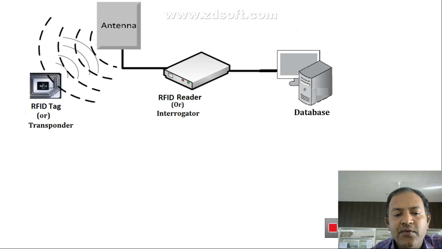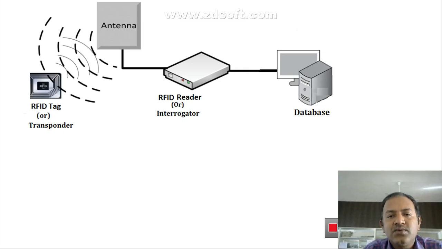The RFID tag or transponder, antennas, RFID reader and database. First, the RFID tag passes radio waves to the antenna. The antenna converts them into electromagnetic radiation, which is passed to the RFID reader.